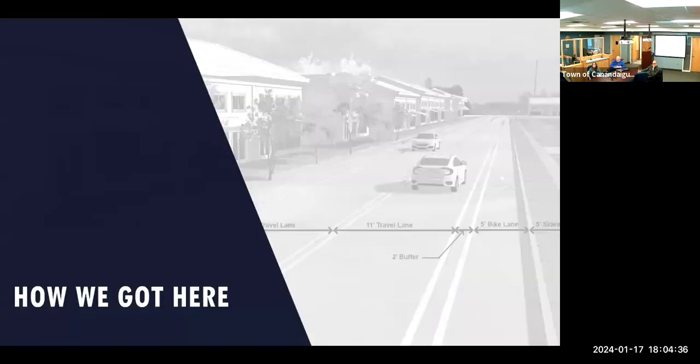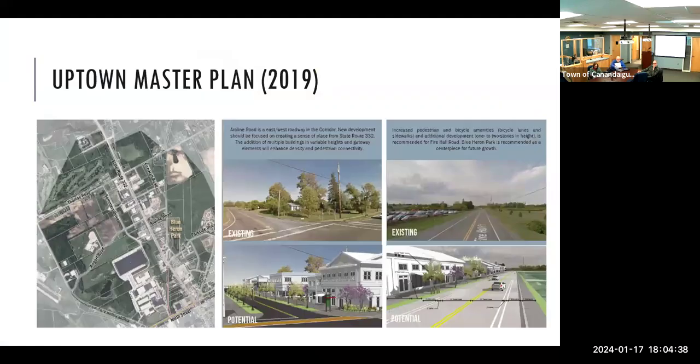So how we got here. Back in 2019, Bergman and myself were involved in the development of the actual Uptown Master Plan. That plan set forward recommendations for land use and desired land use typologies, as well as densities within the Uptown corridor of the town.